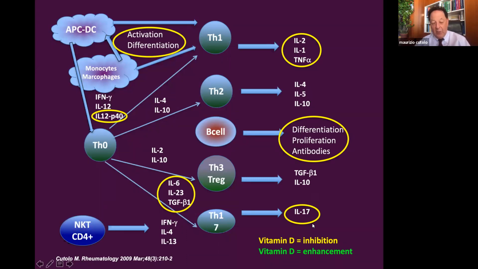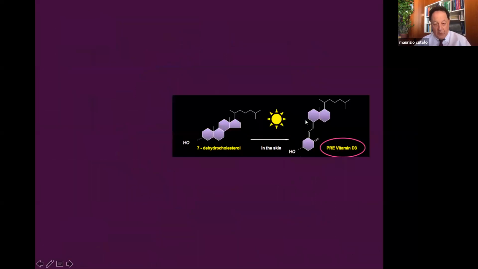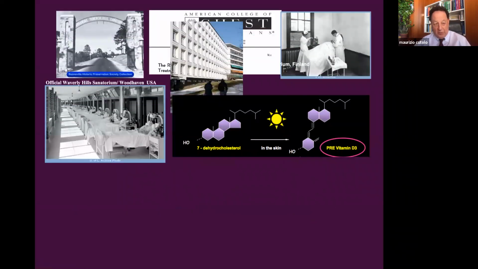And you will see how this is interesting, because now we know that psoriasis comes in winter because the IL-17 increases, because there is no inhibition by vitamin D. And on the other side, we have enhancement in normal condition of the anti-inflammatory cytokines, like IL-10, TGF-beta, IL-4. So, this is a true hormone.